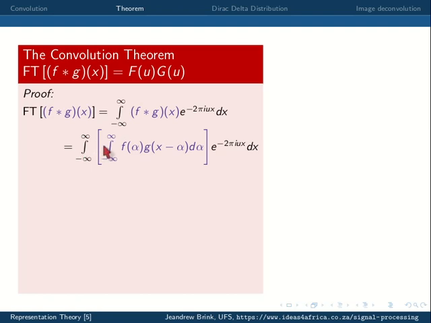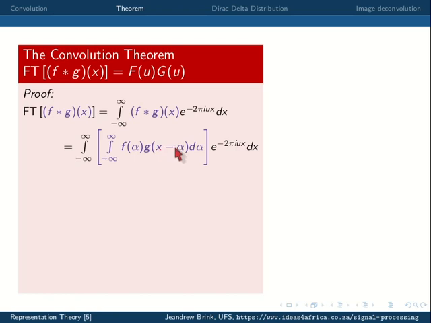And then the next thing we can do is we want to write this whole thing as a Fourier transform. That's what we're aiming for. f of alpha is still kind of okay, but we're missing the definition of our Fourier transform. So we want an e to the alpha something.